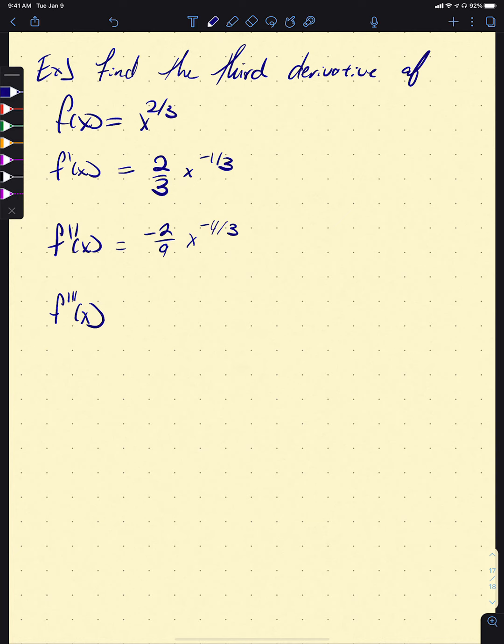And then for our third derivative, the one we're looking for, we're going to get negative 2 over 9 times negative 4 over 3. And then x to the, we need to subtract 1 again. Looks like to the minus 7/3. Okay, and then cleaning this up a little bit, looks like we're going to have 8 over 27 x to the negative 7/3.